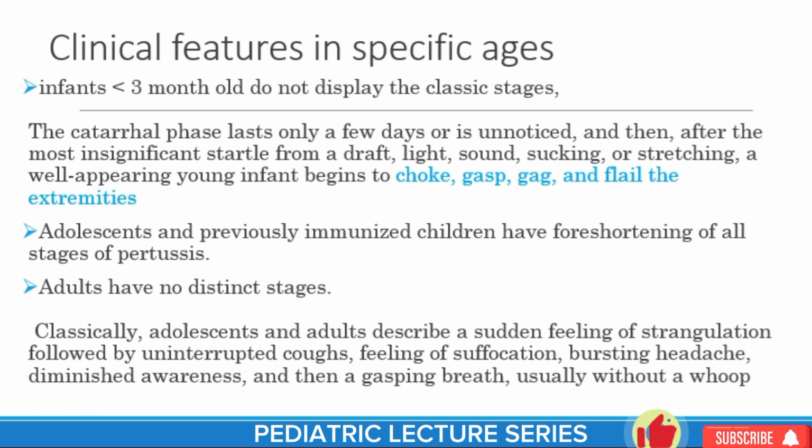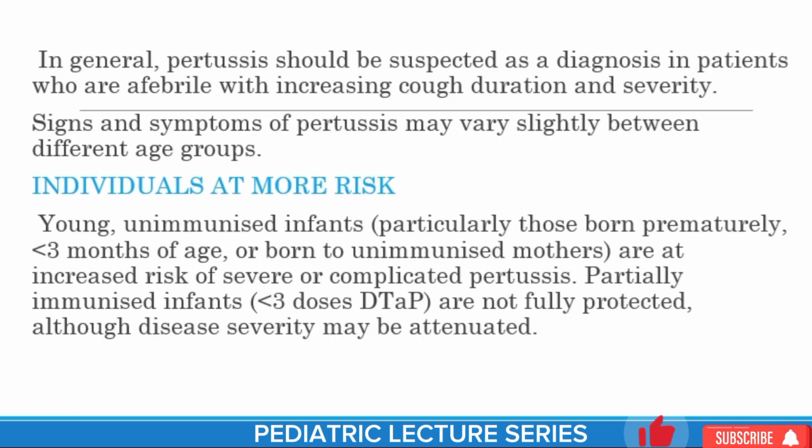Therefore, note that in general, pertussis should be suspected in an individual who is febrile with increasing cough duration and severity. Signs and symptoms of pertussis may vary slightly between different age groups.